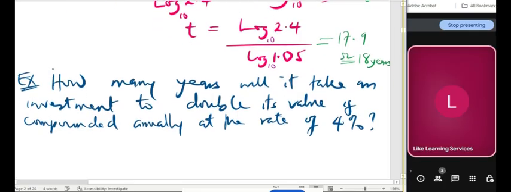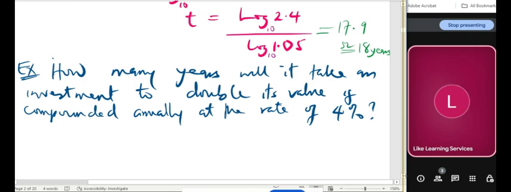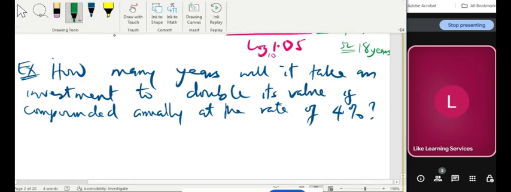So the same principle. So what do you do?